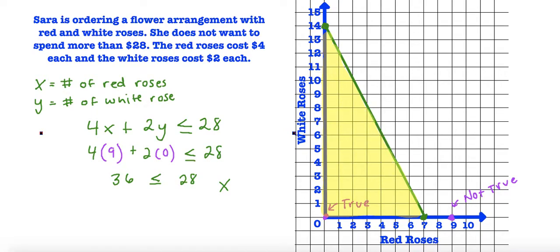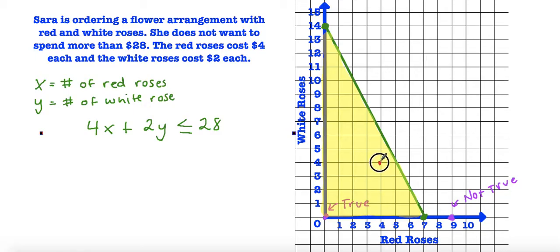So for example, if Sarah decided to get, let's say, 4 red roses and 4 white roses, this should be less than 28 because everything on the line should be equal to 28. So let's substitute that in and see if it's true.